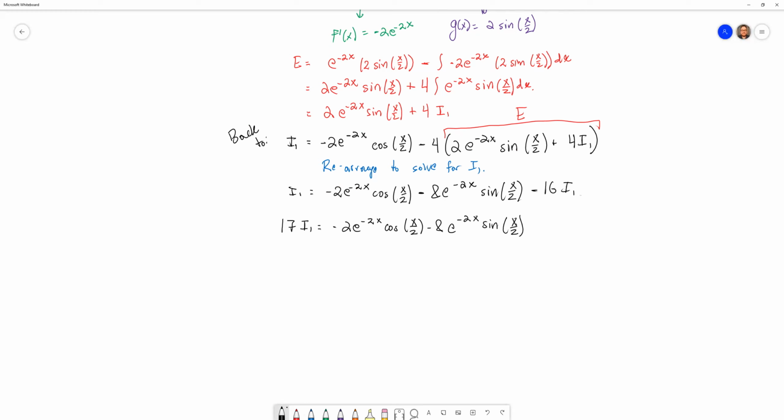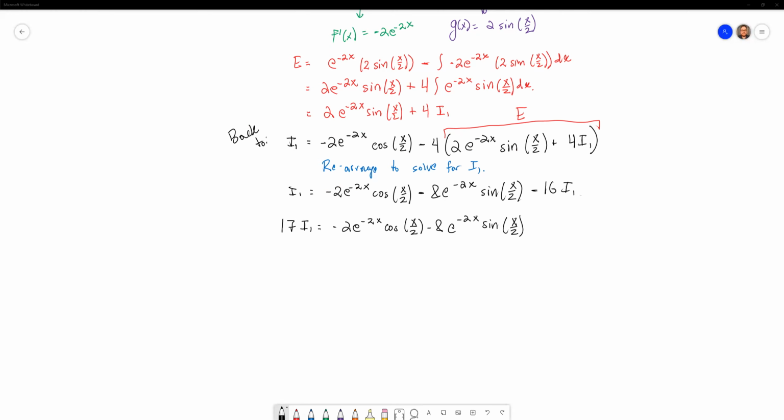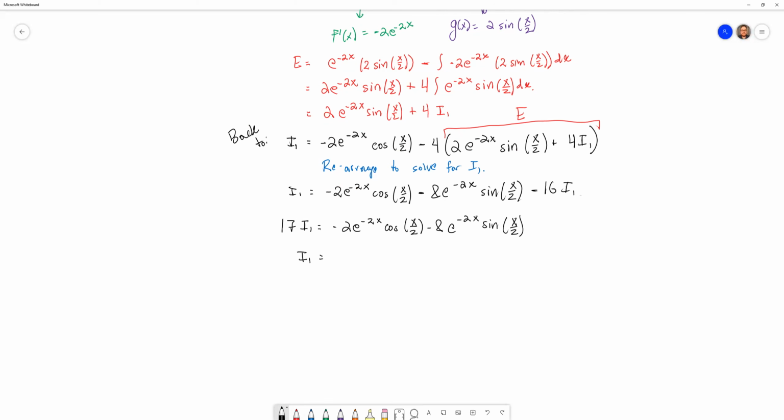And we will be at our final step here, which is all we need to do is divide both sides by 17. So I1 is equal to minus 2 e to the minus 2x cos x by 2 minus 8 e to the minus 2x sine x by 2 over 17.